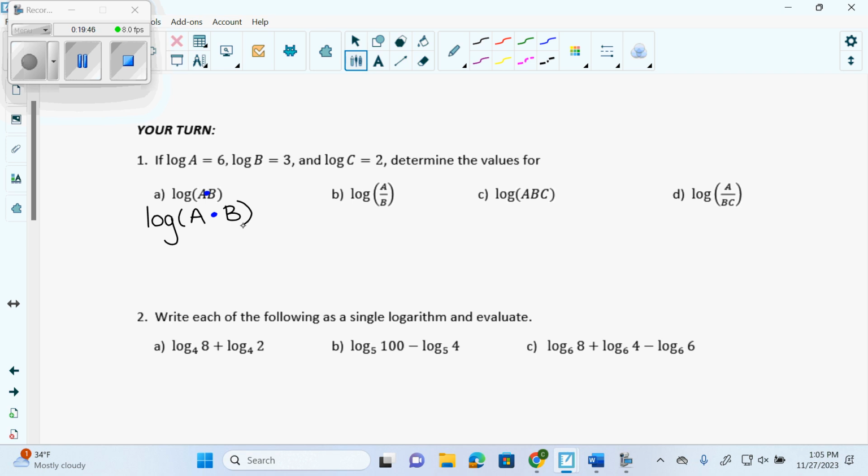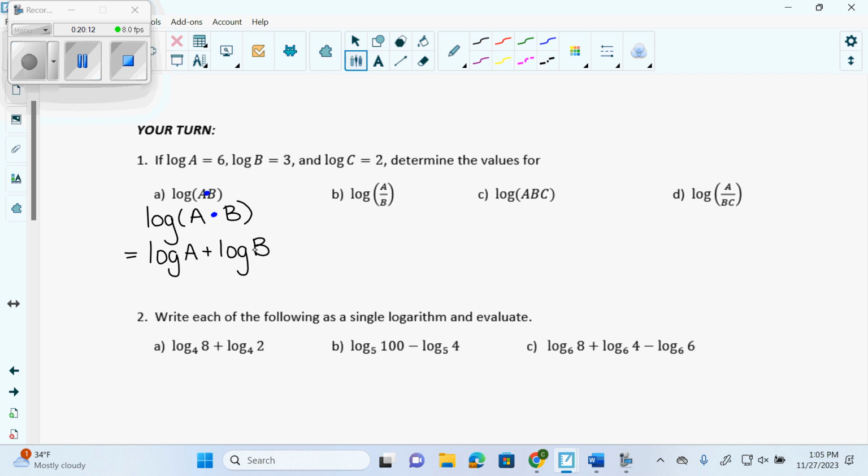So we can actually separate them with plus ones in front of them, can't we? So these ones are together, we can pull them apart. So sometimes we want to have a whole bunch of logs and we want to put them together. But what everyone forgets is sometimes we have a full log together and we want to be able to pull it apart. So when I pull this one apart, I get log A plus log B. Now are they in a form that I can actually do math with?